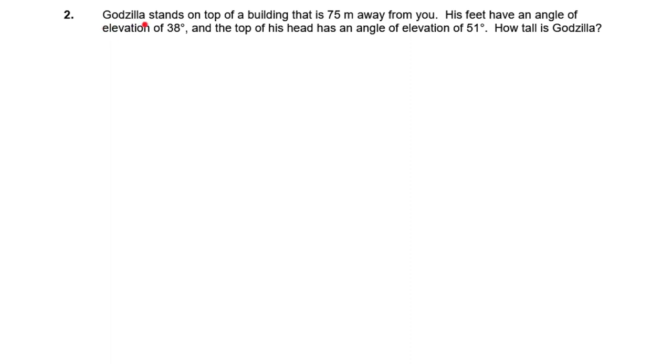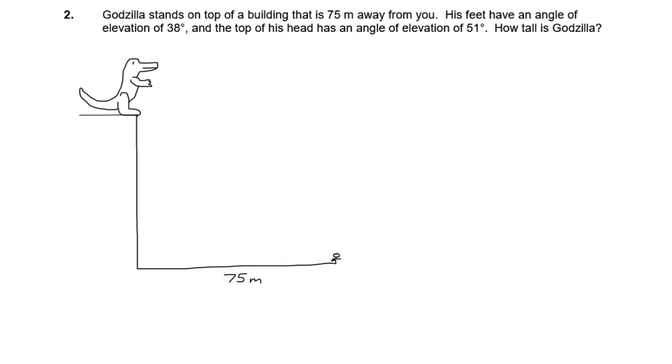You've got Godzilla. He's standing on top of a building. Start by drawing that. The building is 75 meters away from you, so place where you are standing, somewhere on the ground. His feet have an angle of elevation of 38 degrees. Well, elevation, that's looking upward. So from where you're standing, looking up to his feet, it's 38 degrees.